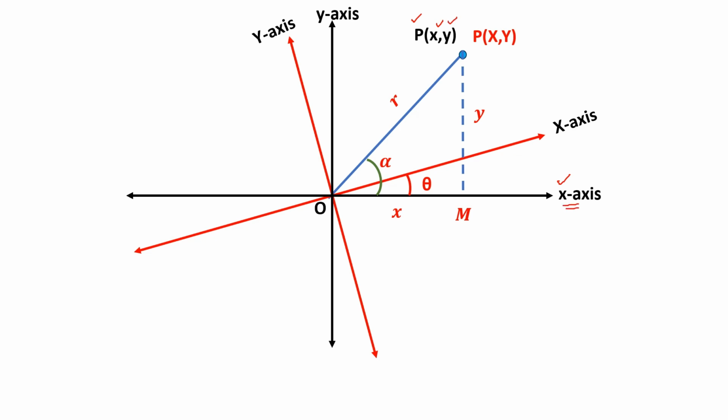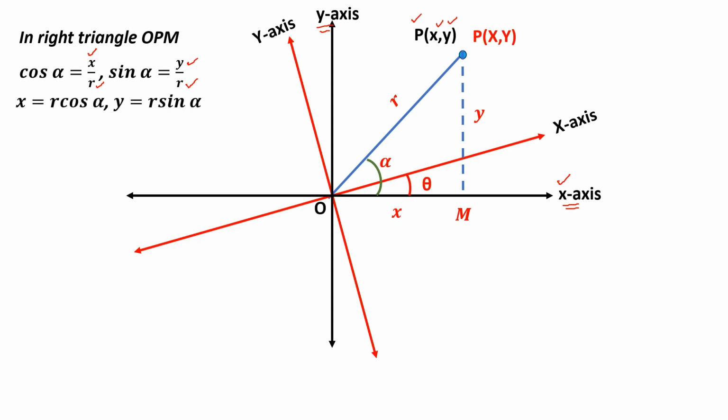Now in the right triangle OPM, cos alpha will be equal to base over hypotenuse and sine alpha will be equal to perpendicular over hypotenuse. That is, cos alpha will be small x over r and sine alpha will be equal to small y over r. From here we get small x as r cos alpha and small y is equal to r sine alpha.